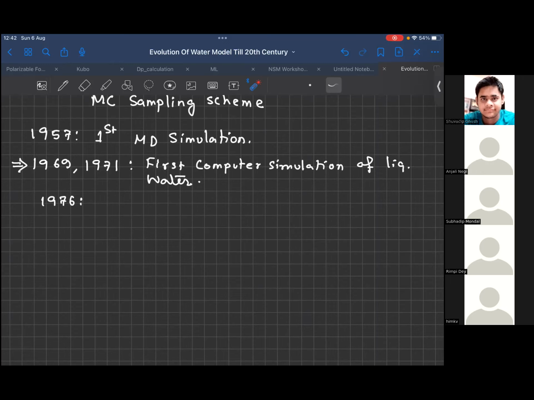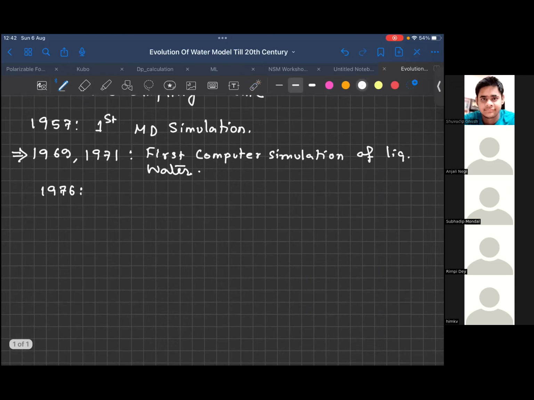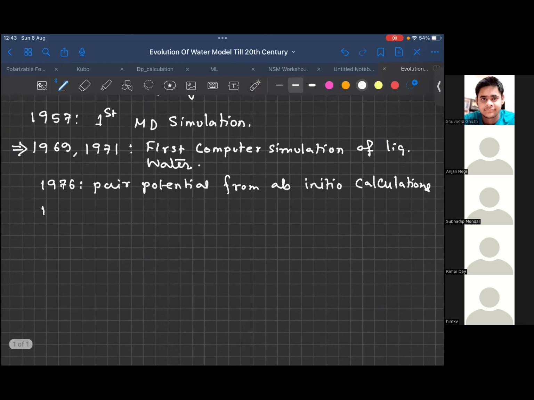This is the first pair potential derived: Clementi derived a pair potential from ab initio calculations. Then came 1981, 1983, when people tried to determine an accurate and simple pair potential for liquid water.